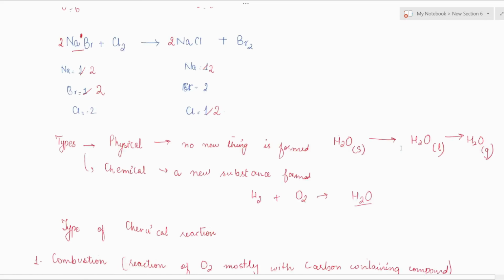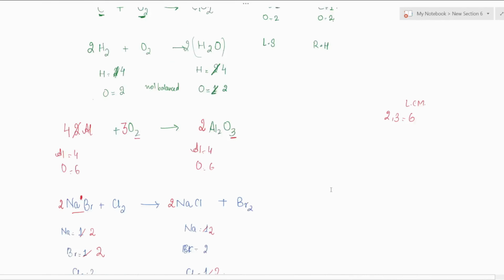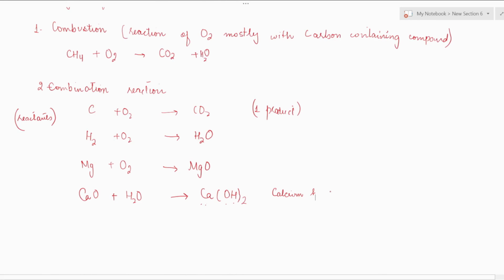We have done this. Calcium hydroxide. So we should know the name, we should know the balancing, and the third thing that is very important, we should know the correct formula. If our formula is wrong, our balancing is completely wrong. Then there is no use of balancing it. If we do not know the correct formula, all is in vain.